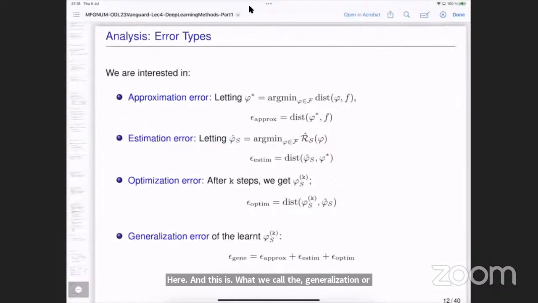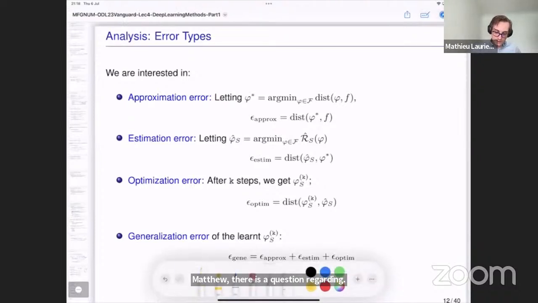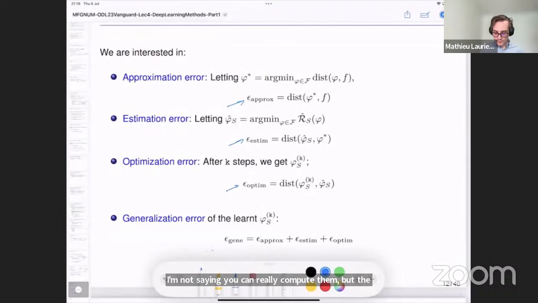Mathieu, there is a question regarding epsilon. Thank you. So, the question is about epsilon. Here I have several epsilons, and in fact, you don't really choose them. I think these epsilons are more like theoretical quantities. I'm not saying you can really compute them, but the epsilon approx, epsilon estim, epsilon optim here, you sum them to get the generalization error.